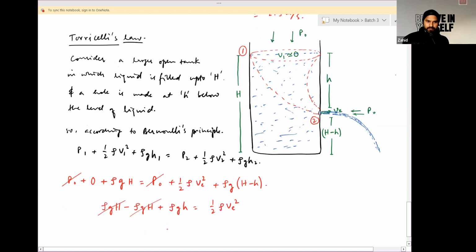So you'll get velocity Ve equals root under 2gh. This velocity is called velocity of efflux, or velocity of liquid ejecting out from this hole. Is it clear? Yes.